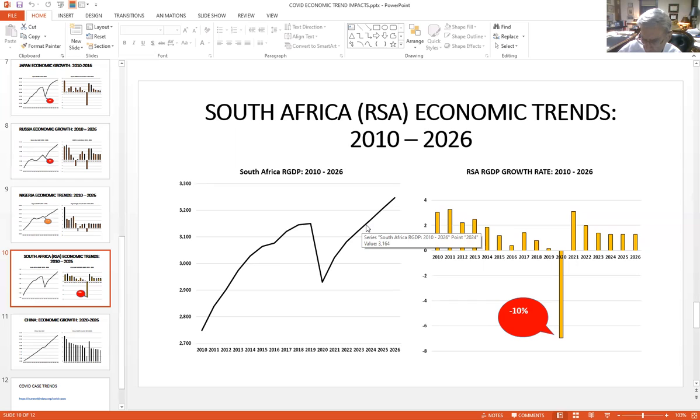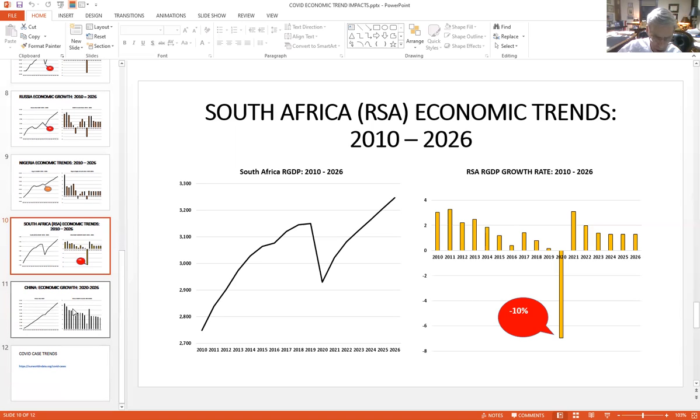So it'll be sometime, let's see, this is 2024. In 2024, the IMF expects that South Africa will get back to where it left off. So that's a real challenge economically.